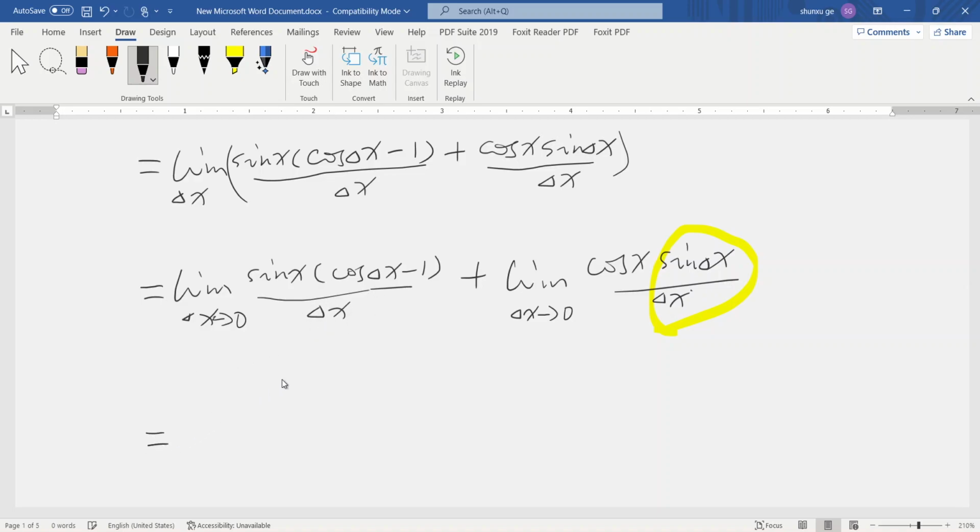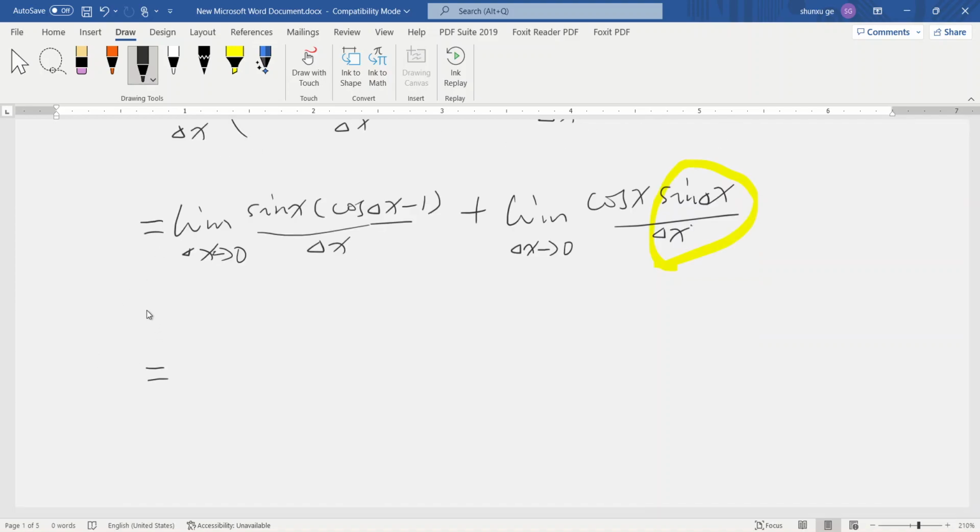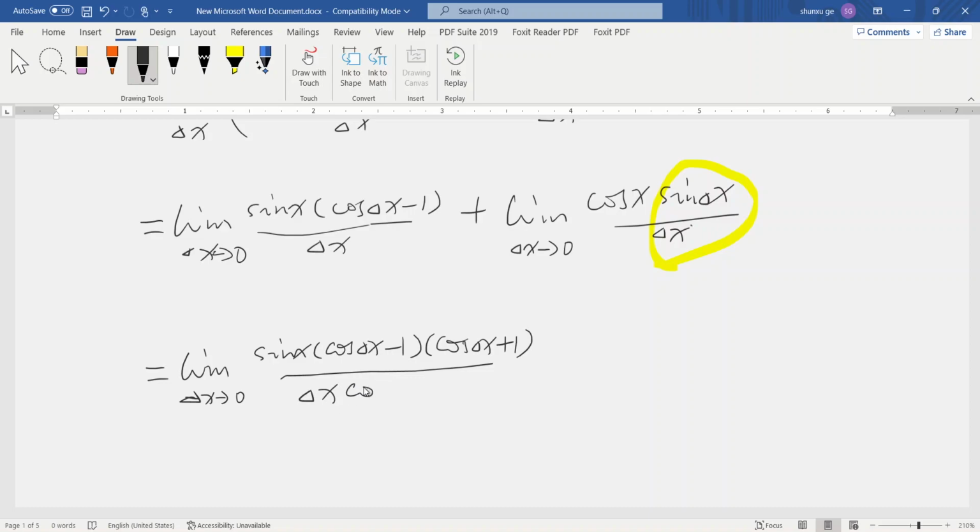We cannot do that, but we can change its form. For cosine delta x minus 1, we multiply the numerator and denominator by cosine delta x plus 1, giving delta x times (cosine delta x plus 1) in the denominator. And here the value is cosine x.